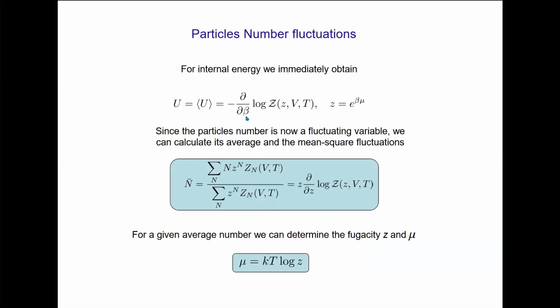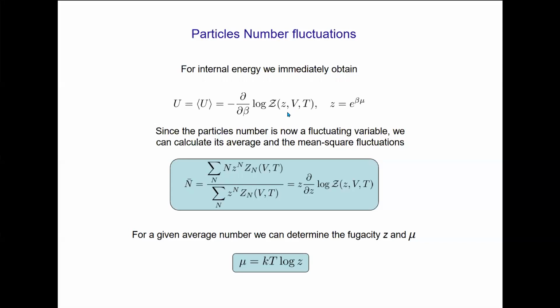I won't do it, it's a home exercise, but it's quite trivial to show that for the internal energy of the system, the average energy, we obtain a very similar expression to the canonical ensemble: the average energy of the system is given by the partial derivative with respect to the inverse temperature of the logarithm of the grand canonical partition function.